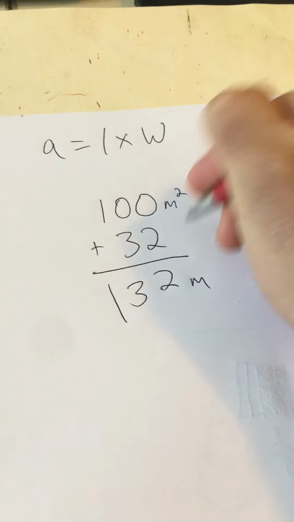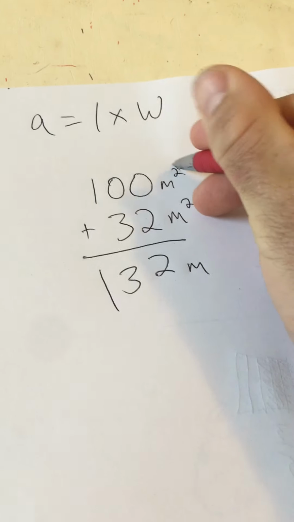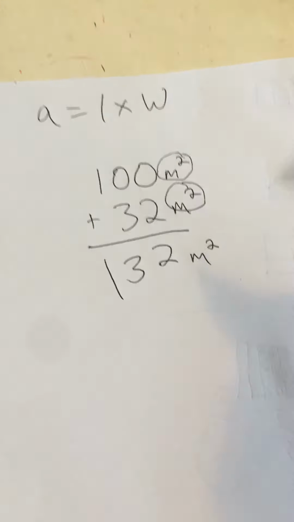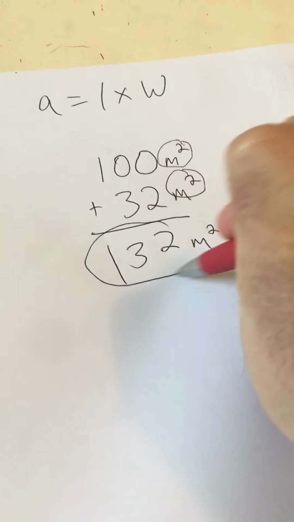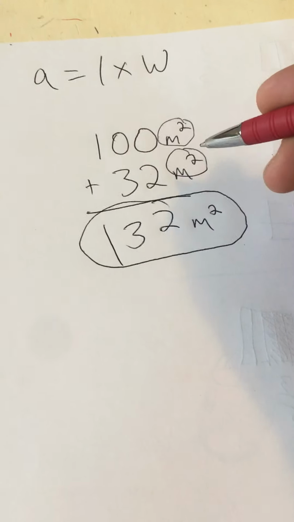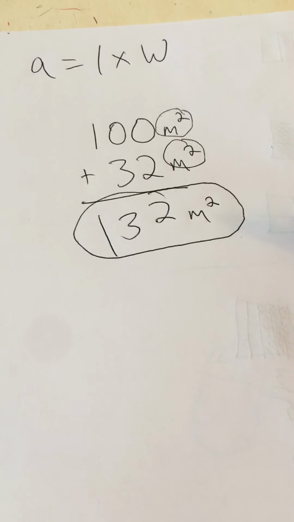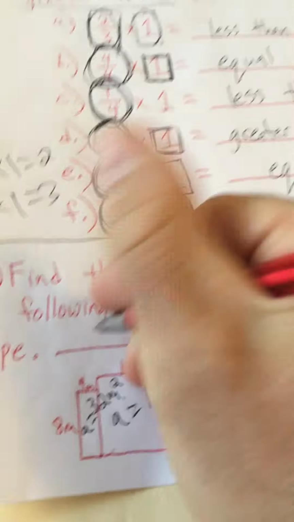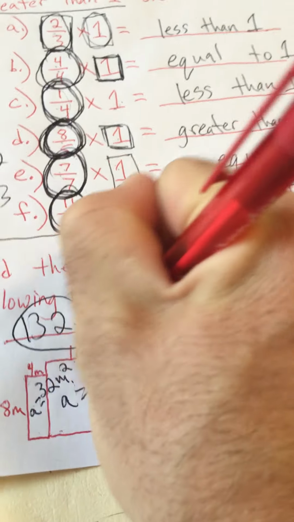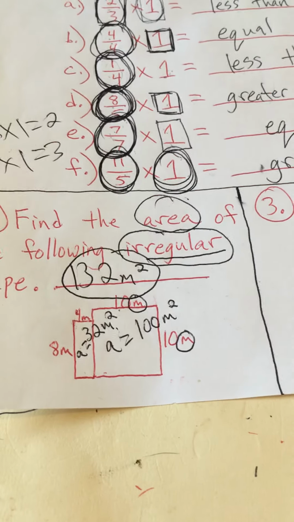And since this is meters squared and this is meters squared, we have the same unit. We're adding meters squared plus meters squared, so that's still going to be meters squared. It doesn't become meters to the 4th power because it's meters times meters, and it stays as meters times meters. Okay, so 132 meters squared is the answer for number 2.